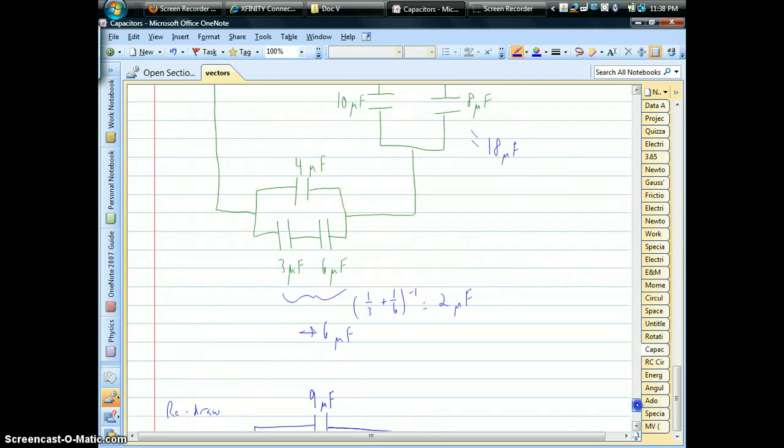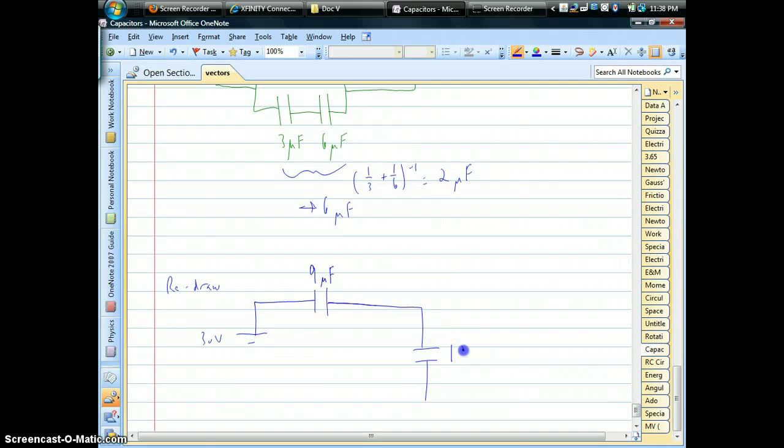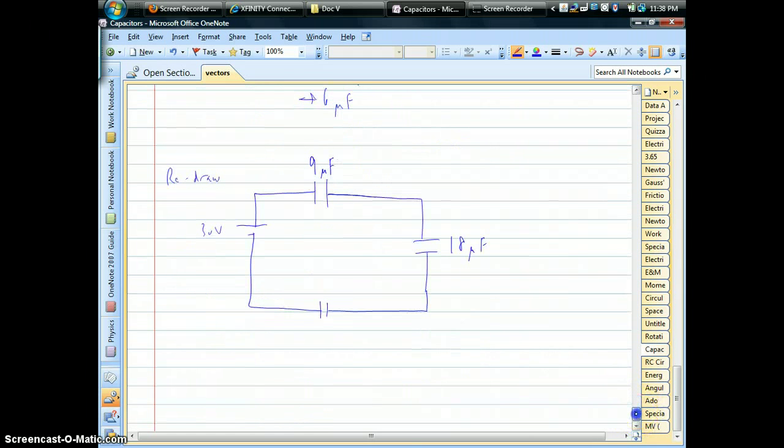We've got a total of 18 over on the side, and then we'll have 6 down here. Okay, so we're just redrawing it.